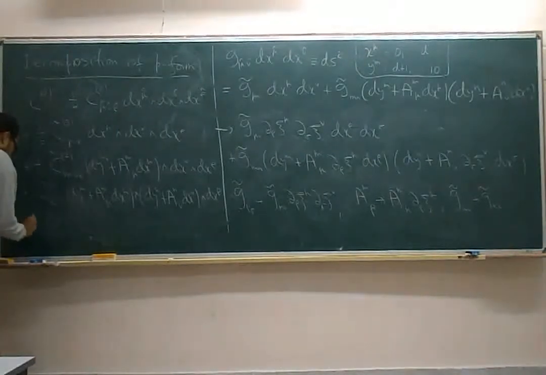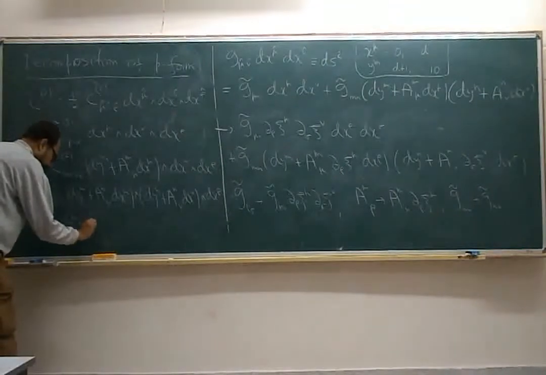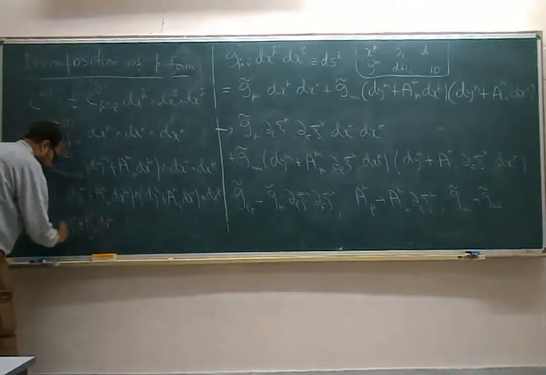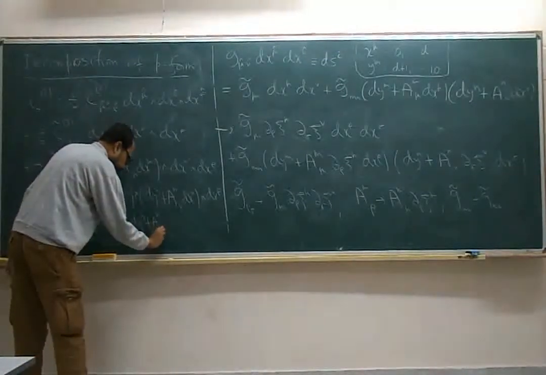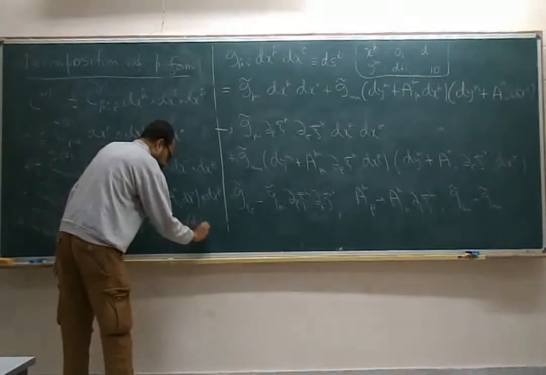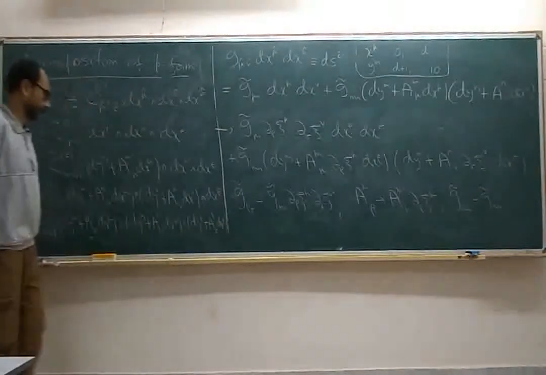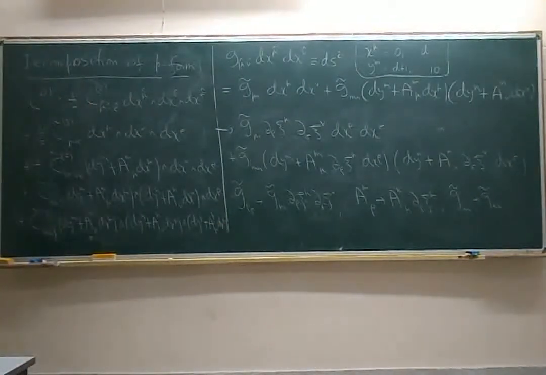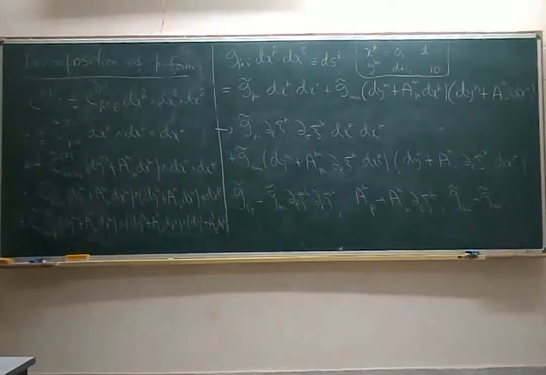And finally, C tilde 0_{mnp} with (dy^m plus A^m_mu dx^mu), (dy^n plus A^n dx) and (dy^p plus A^p dx). Okay, so this is the way we'll define our lower dimensional fields.